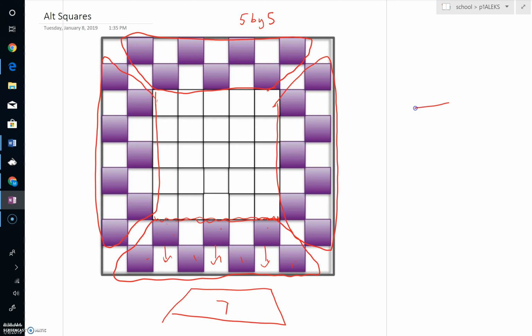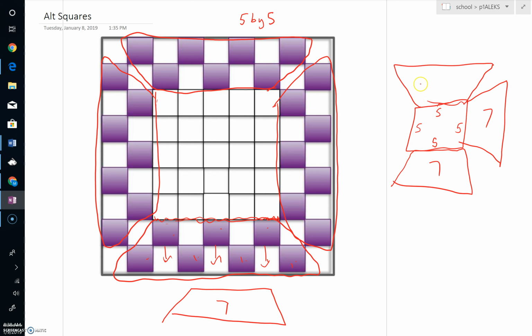We could maybe draw a real quick rendition and say here's a 5 by 5 pattern, and it sure looks like this is 7. This right here would be 7. This right here would be 7. And then over here would be 7. Altogether, that's 7 times 4, or 4 times 7 if you'd rather.